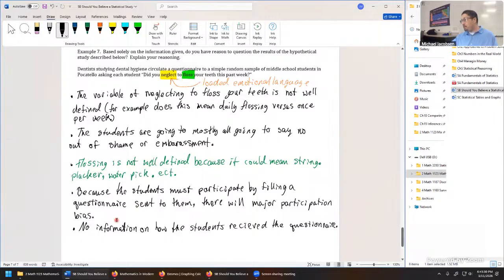So yeah, that goes with no information on how the students receive the questionnaire being problematic.